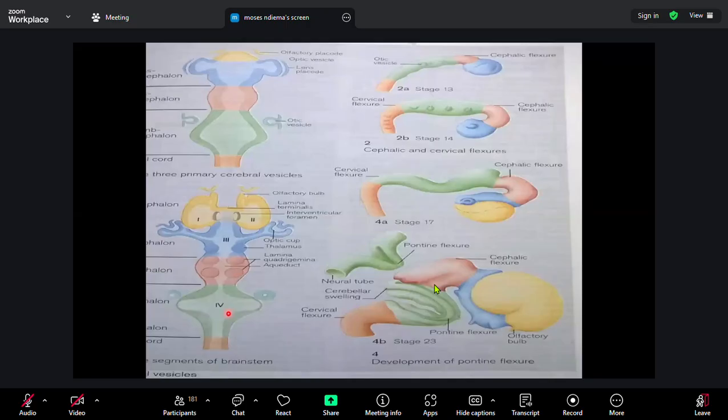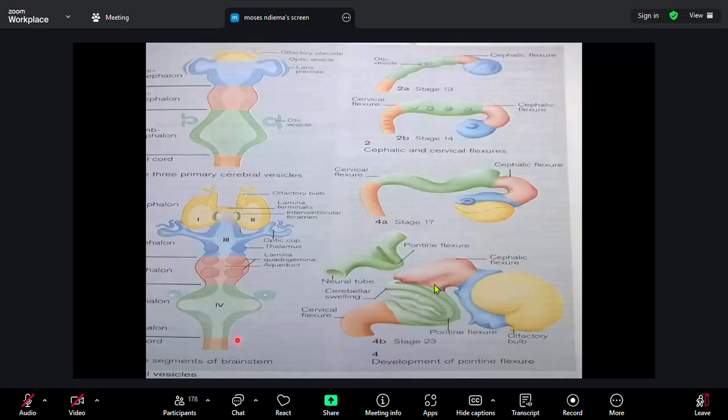So that cerebrospinal fluid, you will notice that the cerebral aqueduct is the most narrow part, and therefore if you have further narrowing, fluid might not pass from the third ventricle to the fourth ventricle. From the fourth ventricle, fluid gets out and surrounds the spinal cord and the brain.